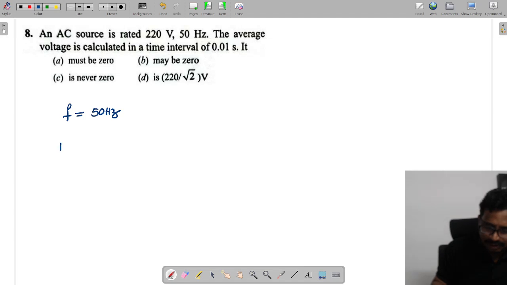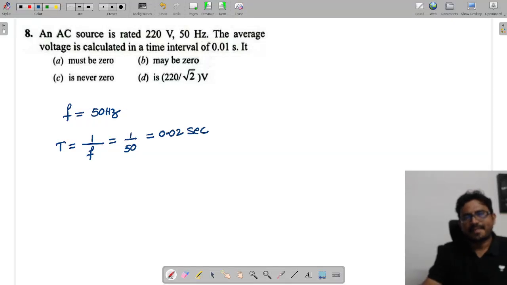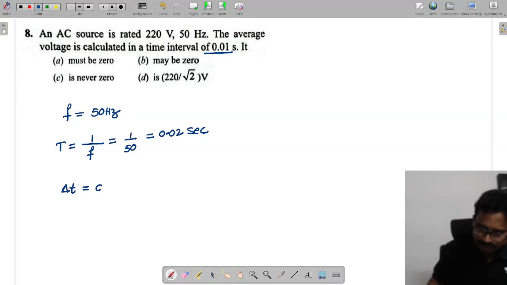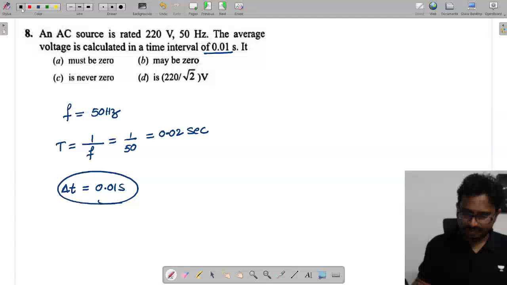So the time period is 1 by frequency, which is 1 by 50, that is 0.02 seconds. Now they have given the time interval duration, delta t, as 0.01 seconds. In this interval they are asking.